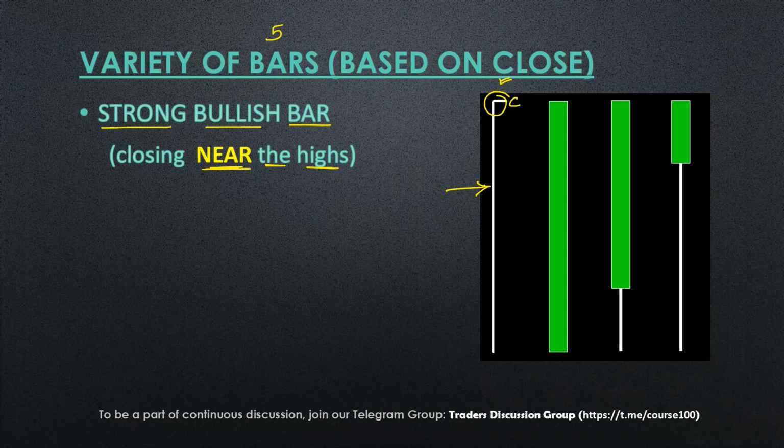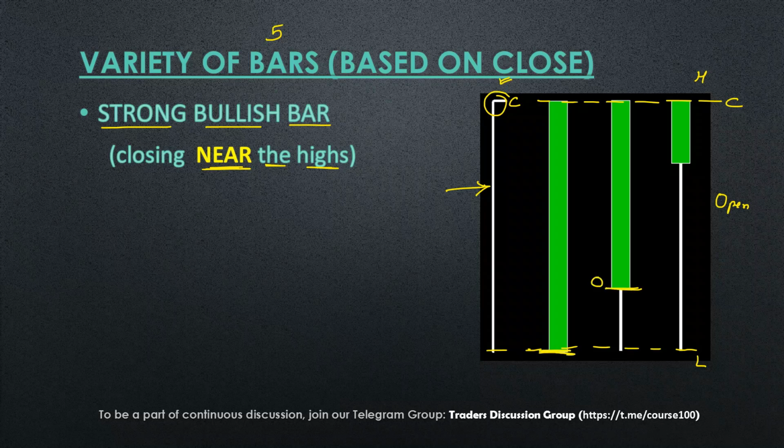Now, in a few candlestick examples, I have taken the same close. The close of each and every bar is the same. The high and low of each and every bar is the same. The only thing changing in these candlestick bars is the opening price. So here I am saying my opening price is here.